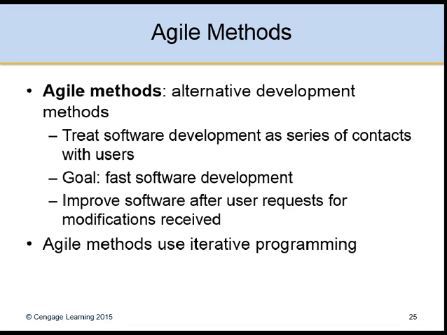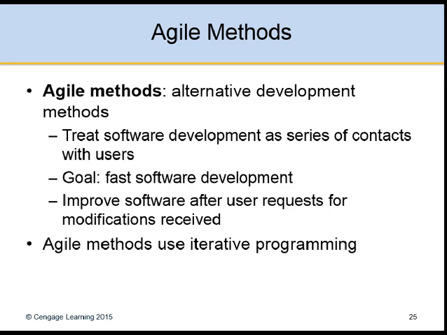And it's used when users cannot specify all requirements at the start of a project, because it may be a new domain and requirements may be difficult to conceptualize. It's also the case that the users may be unfamiliar with the technology.